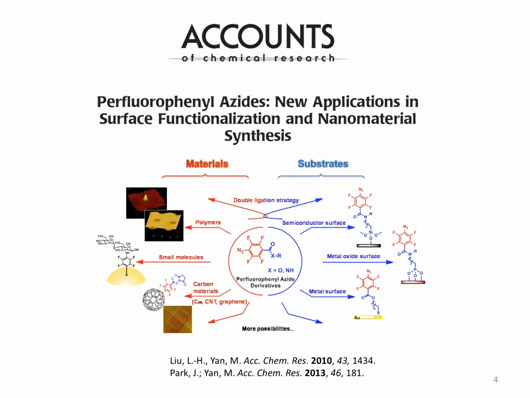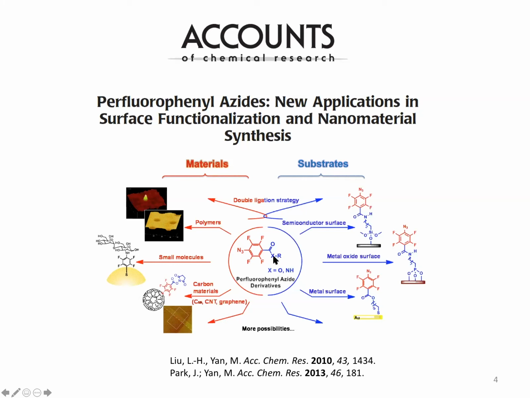So we have used the photochemistry of the aryl azides for conjugation and surface functionalization, for example, with polymers and sugars. In this case, it's the so-called glyco-nanomaterials. We also work on carbon materials, nanotubes, buckyballs, and recently graphene.